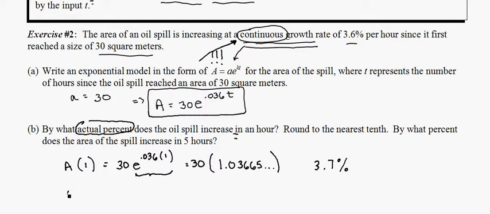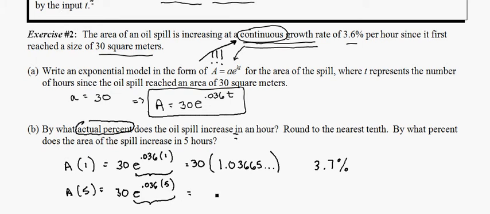We're going to use exactly the same type of reasoning. We're going to substitute 5 in. Now again, I don't actually care about what the area is. It's one of the really weird things in these problems. What I care about is what I got to multiply by after 5 hours.